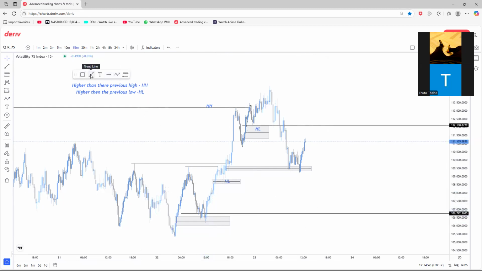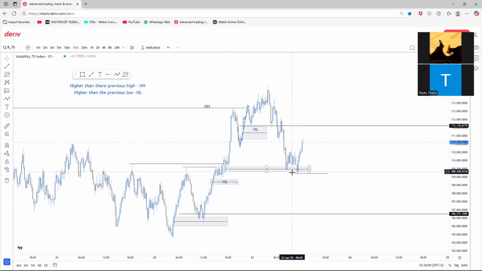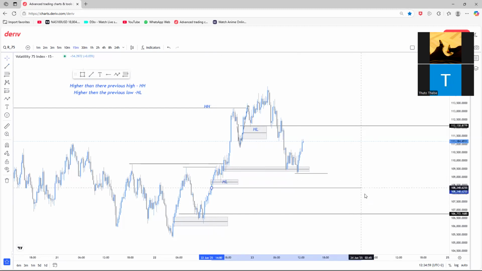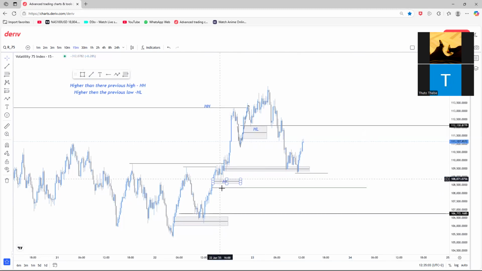Now you know how to mark your V's, and say if this V here gets broken, because that's another high low, and that other V there gets broken, I'm trying to mark here without disturbing the labeling, so you know if price goes and breaks here and here, it's going to create a sell.